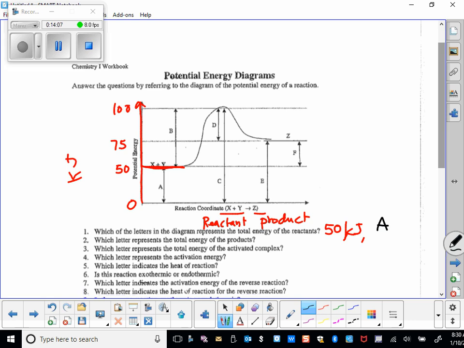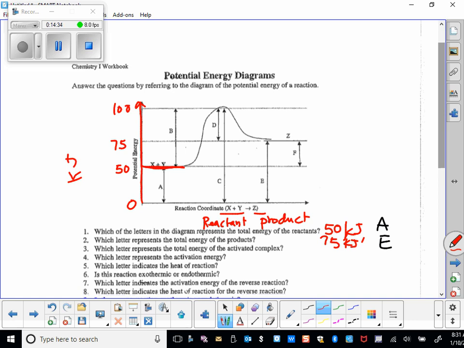We've used alphabets instead of numbers. Okay. Reno, what is the total energy of the products? E is correct. And if you choose a number, what will that be? 75. All right? The number is 75. The alphabet is E. Are we good?